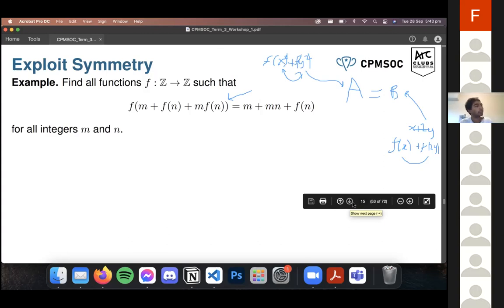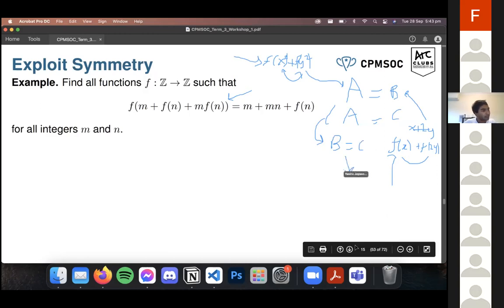So in a functional equation, if you swap x and y, you can see the a still becomes the same, but now you have a different c on the right-hand side. So now what you can do is, using these two equations, since b equals a and c equals a, you can now write b equals c.